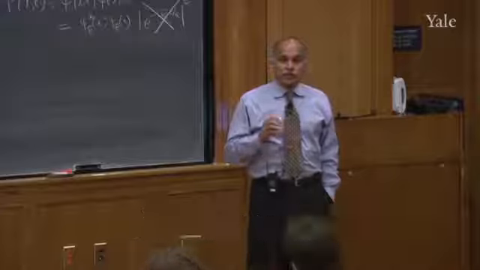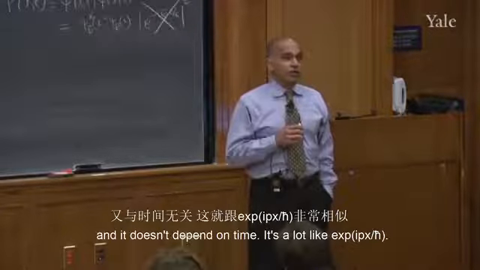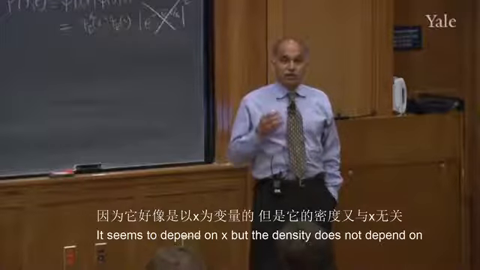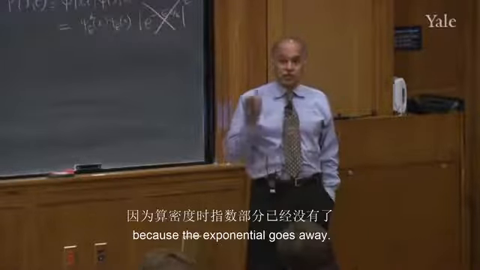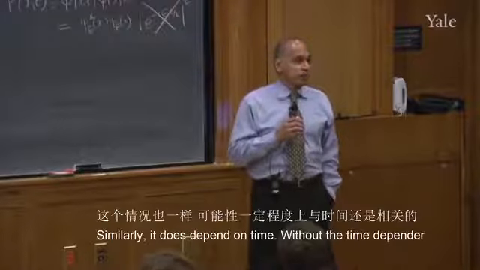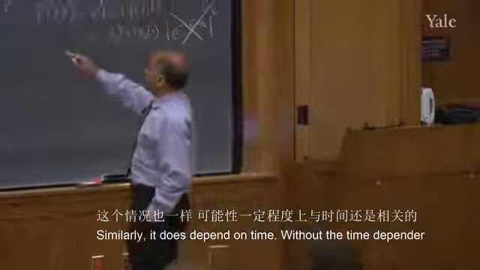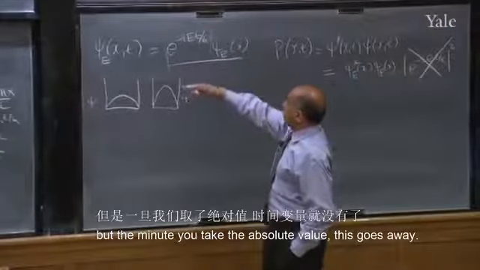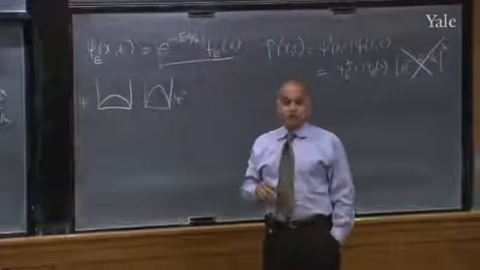It's very interesting. It depends on time, and it doesn't depend on time. It's a lot like e to the iPx over h bar. It seems to depend on x, but the density does not depend on x because the exponential goes away. Similarly, it does depend on time. Without the time dependence, it won't satisfy Schrodinger's equation, but the minute you take the absolute value, this goes away.